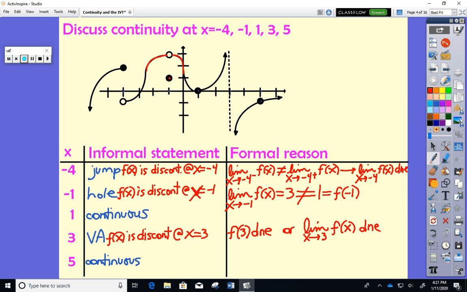But what you can't do, and what people want to do, because people start getting crafty, is just say f of 3 does not equal the limit as x goes to 3 of f of x. I'm going to erase this, so don't worry about writing this down. People start thinking I'm just going to write that everywhere and cover my bases.